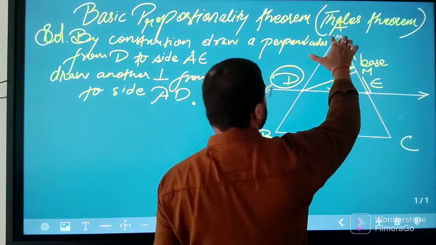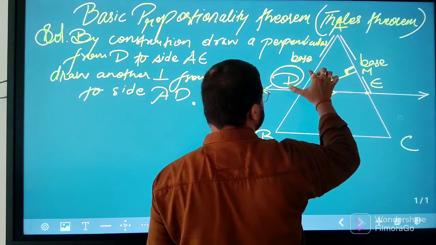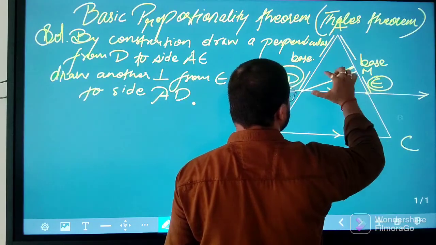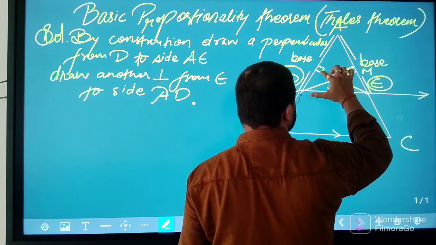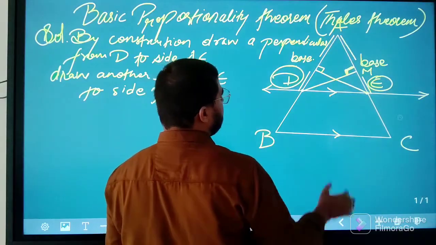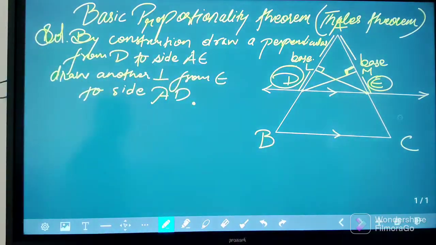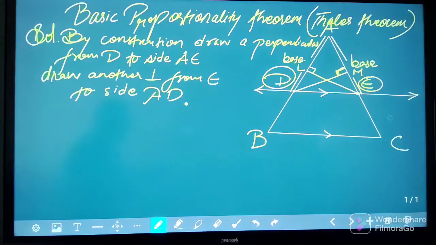So if AD is going to act as a base, the opposite vertex is E. From here we will draw a perpendicular. So that's the perpendicular, and let us name this perpendicular as EL, right?